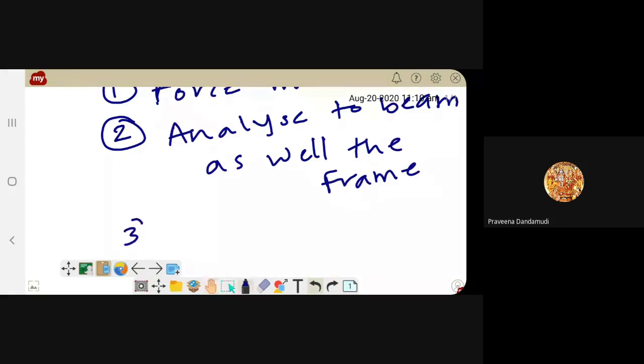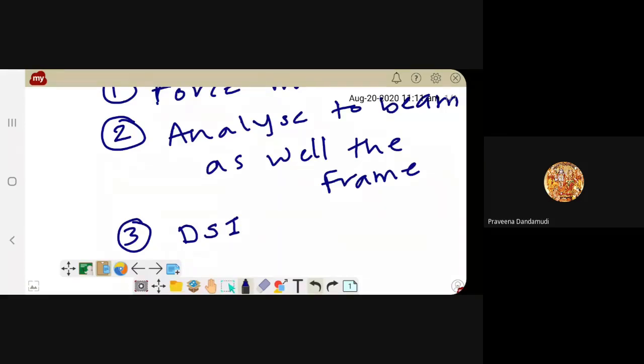Then the third point, you just take down the third point. The flexibility approach or the flexibility matrix approach is difficult for high DSI. Here we'll calculate DSI.